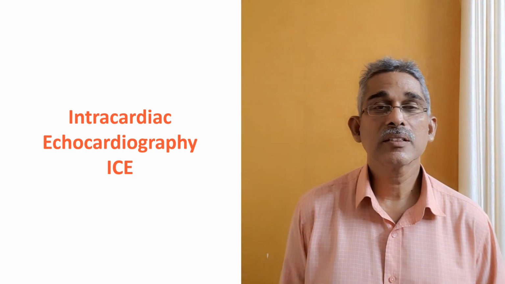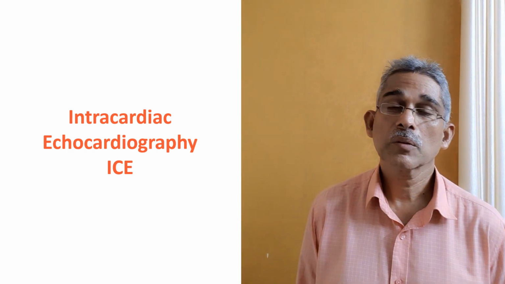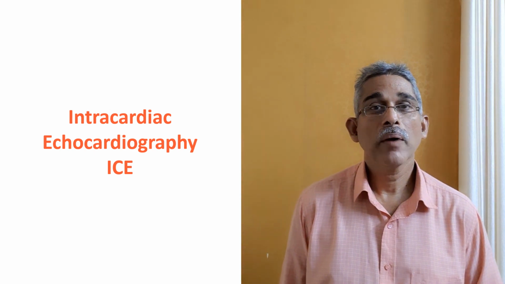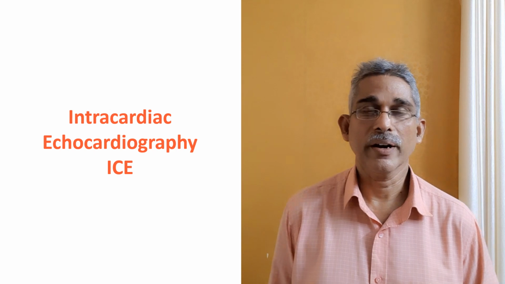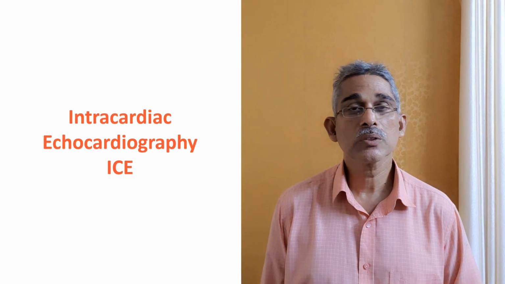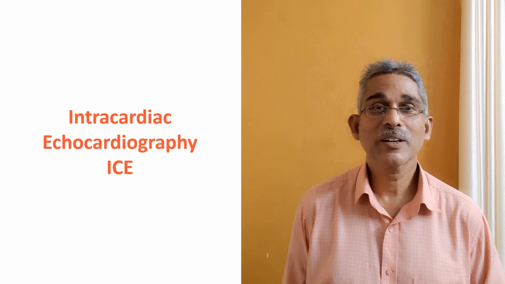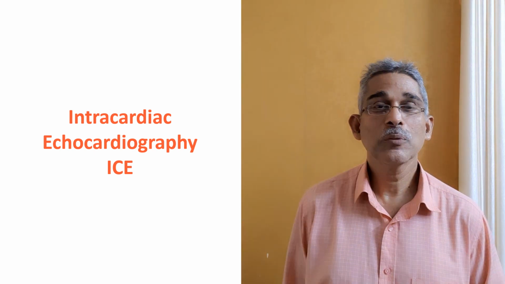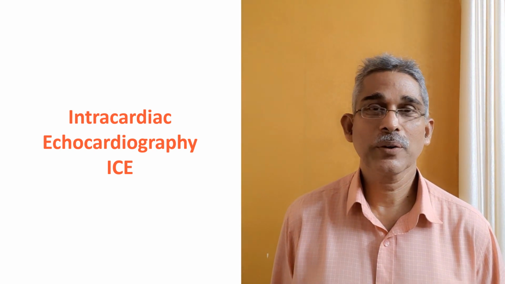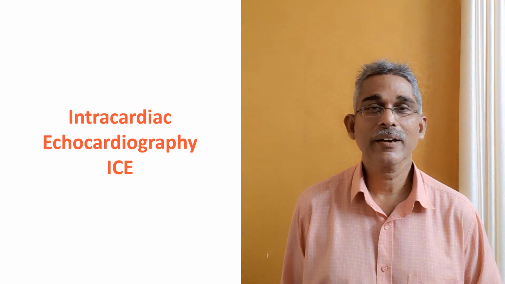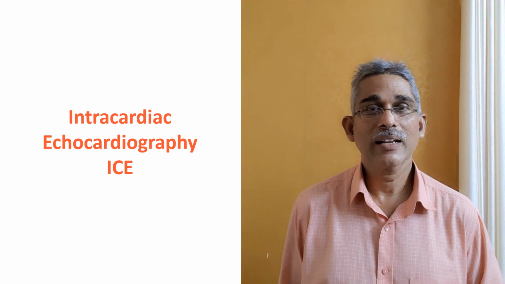You can image structures with much better clarity by intracardiac echocardiography. Of course, it is going to be more costly as the probe is likely to be much costlier, and you may have to use it less frequently also. So intracardiac echocardiography is another advancement.